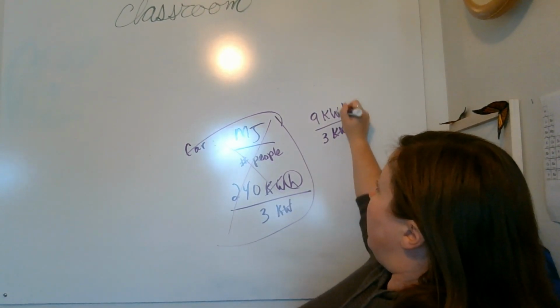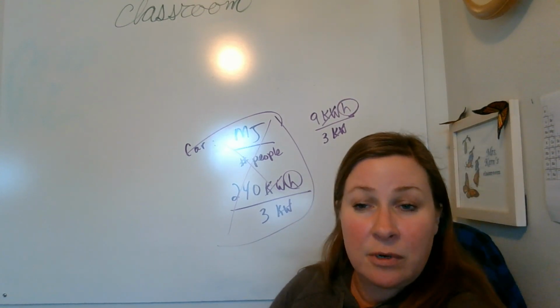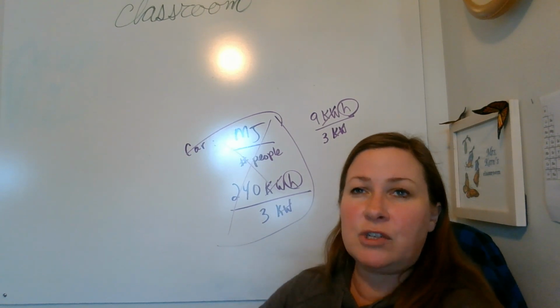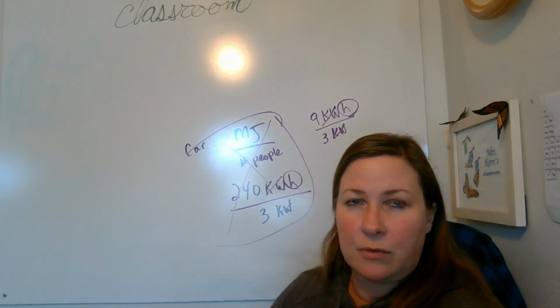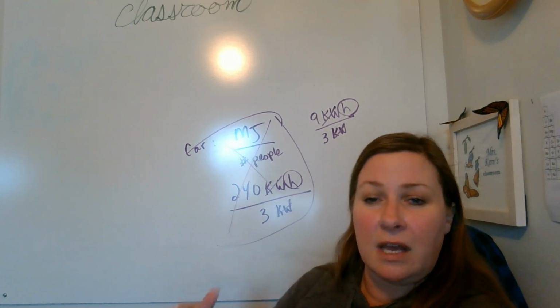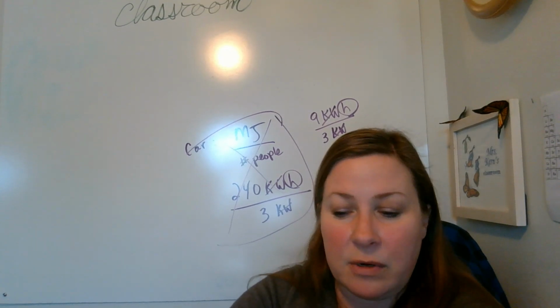So kilowatts cancels out kilowatts, and we end up with hours. That's the number of hours that I would need for solar each day to charge my car. As long as we get more than that many hours of sunlight each day, then I should be able to have my car completely covered by my solar power.